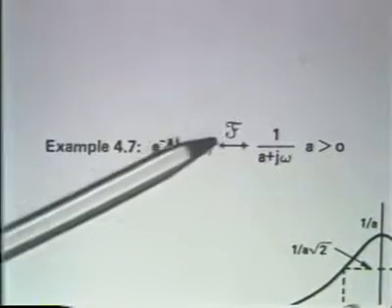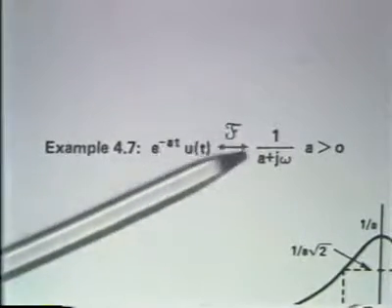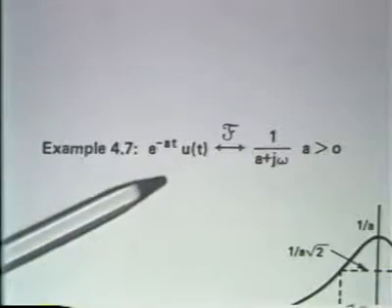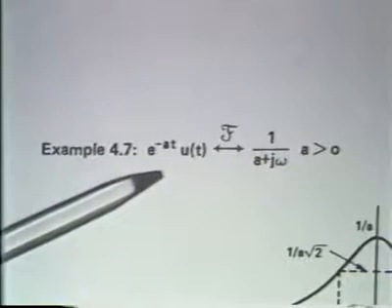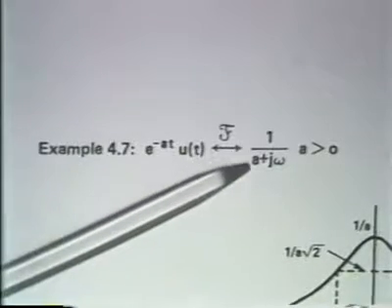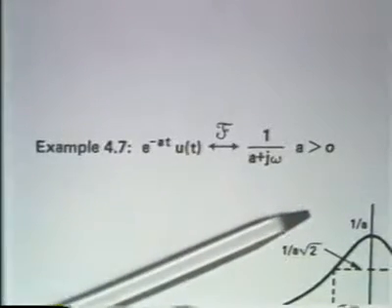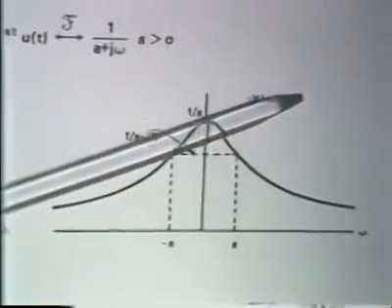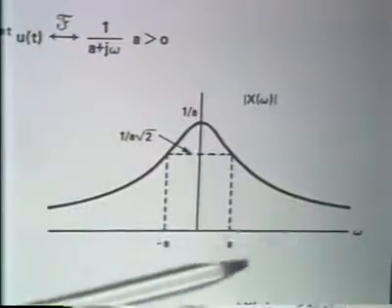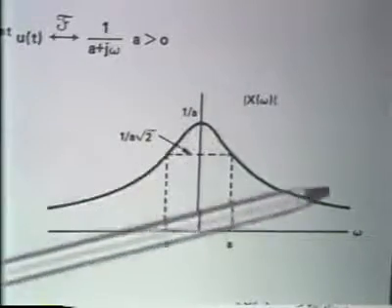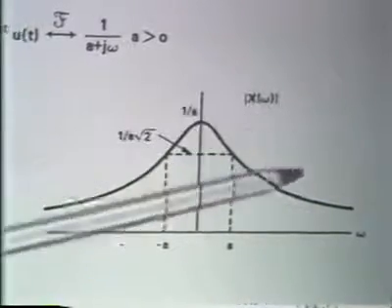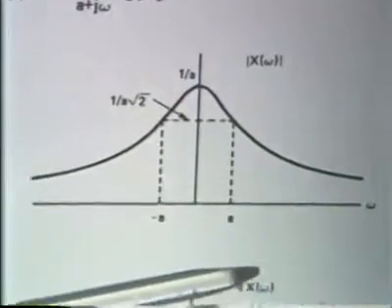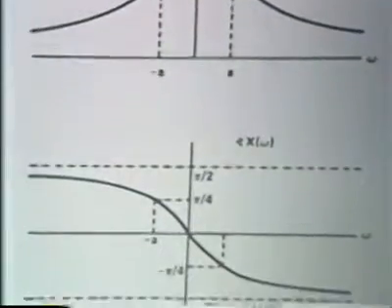And incidentally, the Fourier transform integral only converged for a greater than 0, in other words, for this exponential decaying. And I illustrated the magnitude and angle, and what we see is that e to the minus at is a real time function. Therefore, its magnitude should be an even function of frequency, and indeed it is. And its phase angle, shown below, is an odd function of frequency.